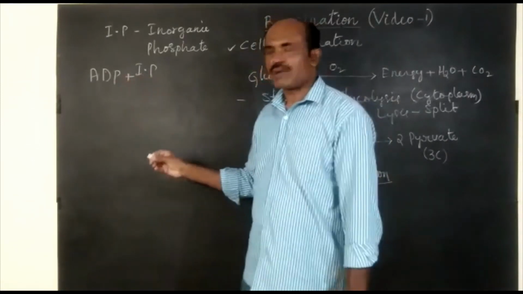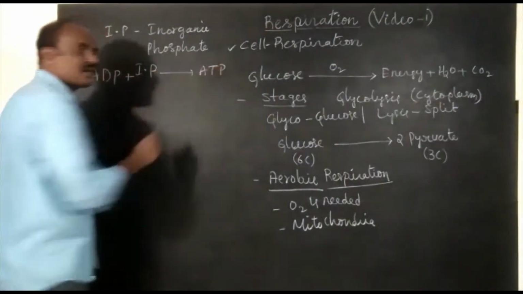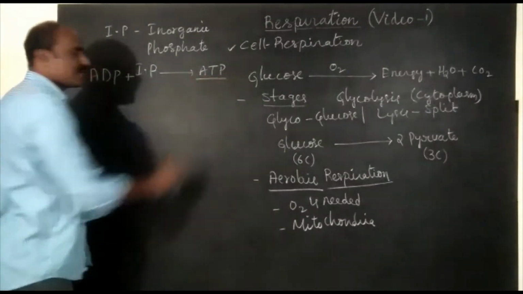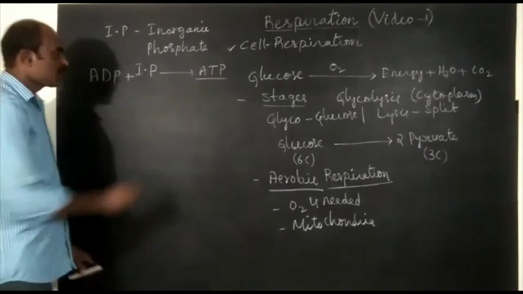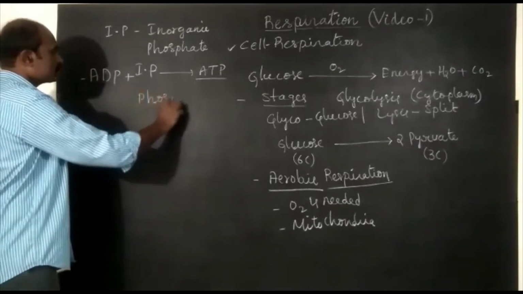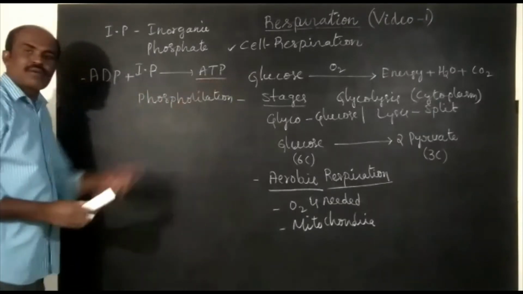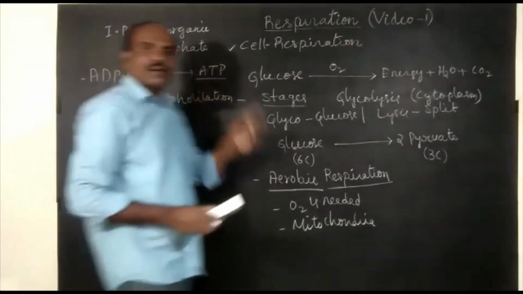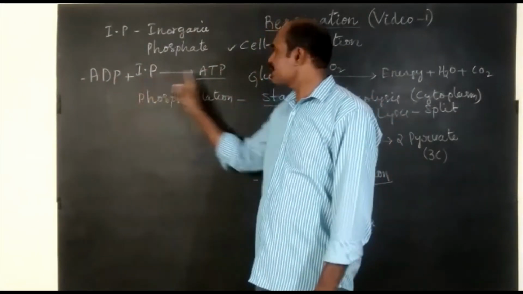So ATP is formed. What is ATP? Adenosine triphosphate. So this ATP is an energy rich compound, energy rich molecule. This process is called phosphorylation. What is phosphorylation? Formation of ATP molecule by combining ADP with inorganic phosphate is phosphorylation.